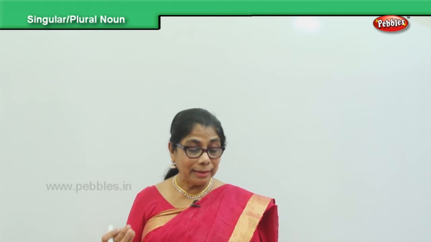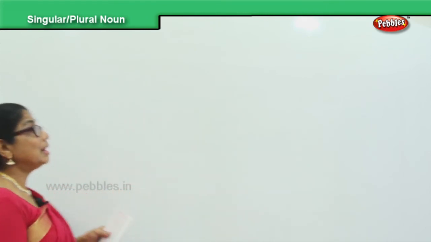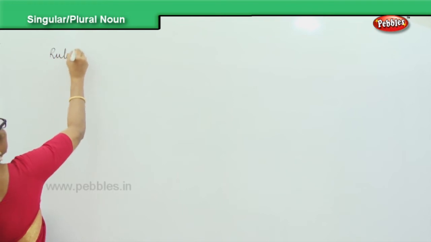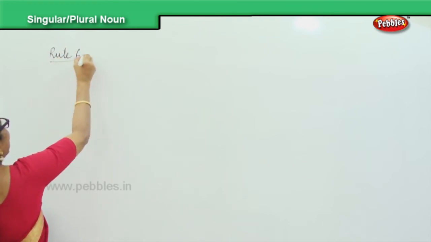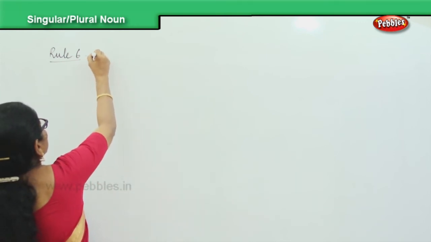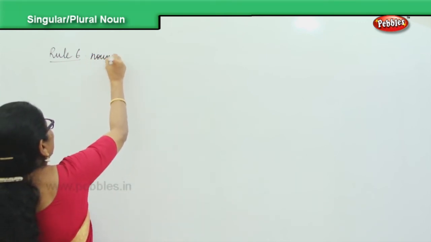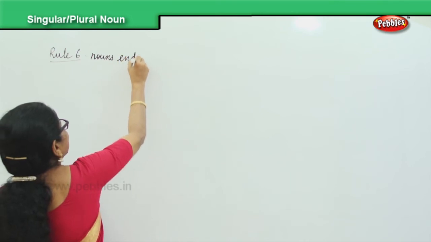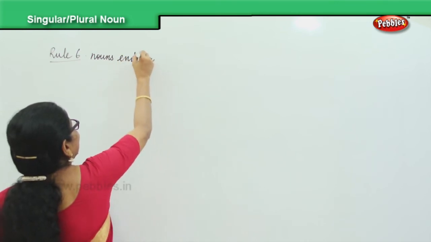So the rule number 6 is, if a noun ends in O and there is a consonant before it, to form the plural, you simply add ES. Okay? So we go into rule 6. Nouns ending in O.